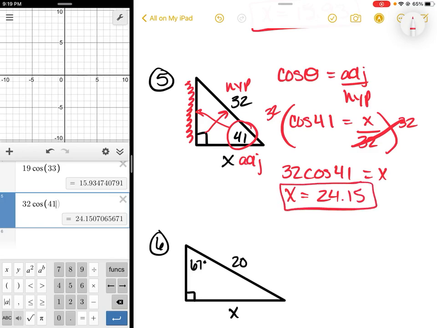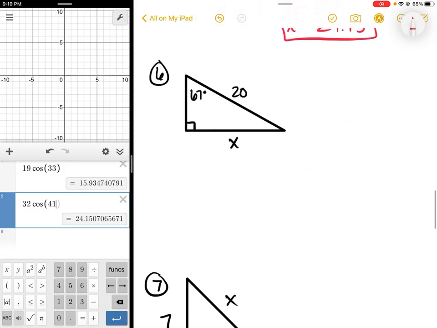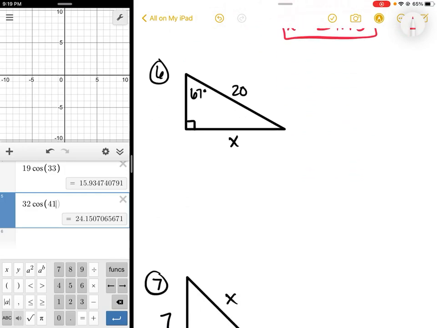All right, let's keep going. Same steps. You see I'm doing the same steps over and over again. Hypotenuse, it has somebody. Label it. Circle your angle. Opposite has somebody also. So this side is blank. We leave it alone. Opposite and hypotenuse is sine.